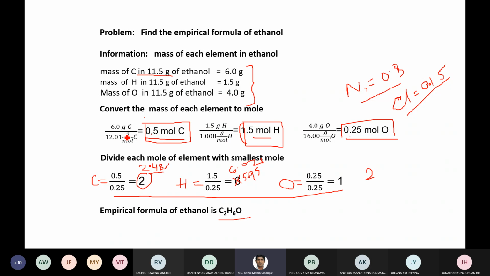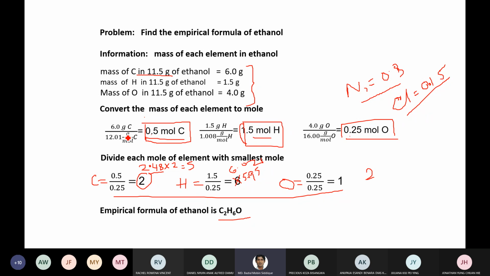In this case, we will multiply it by an integer, a whole number. It can be 2, 3, 4, 5, till we get a value closest to an integer. So for this case, if we multiply by 2, we would get around 5, right?